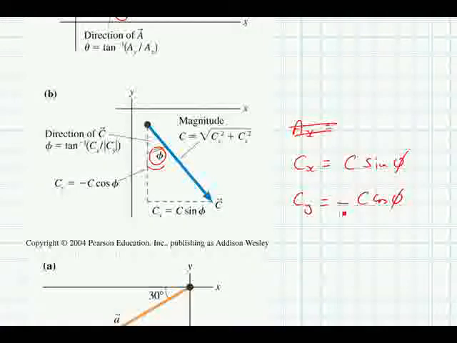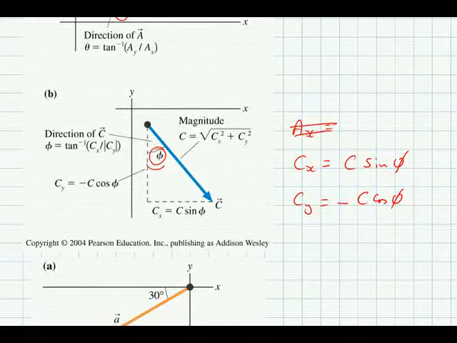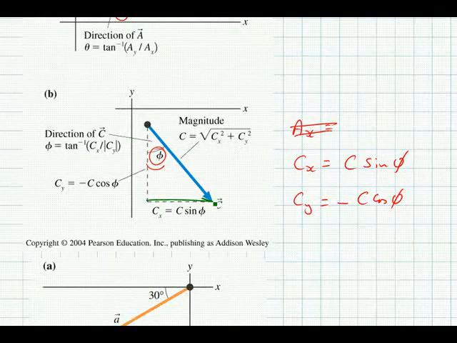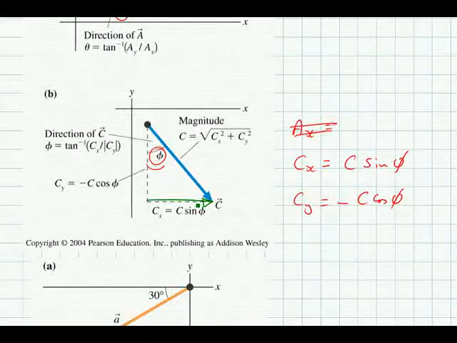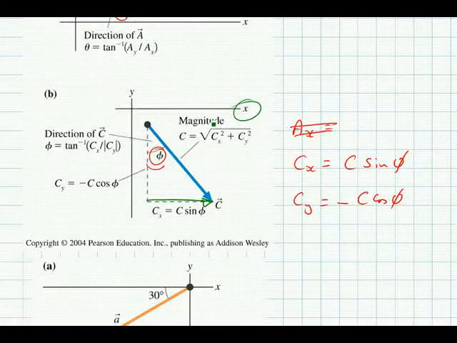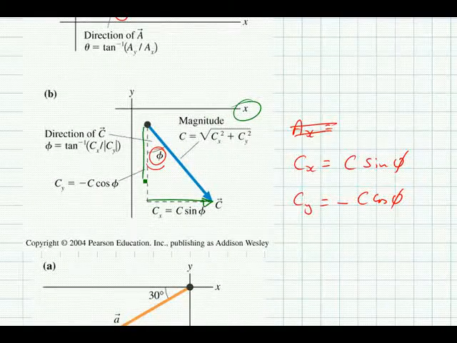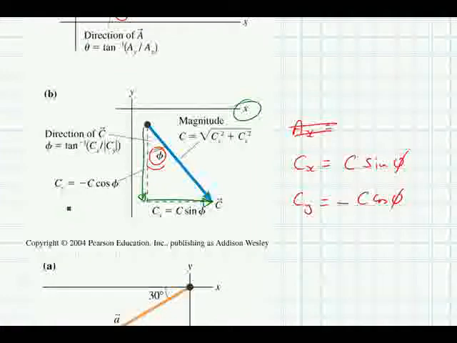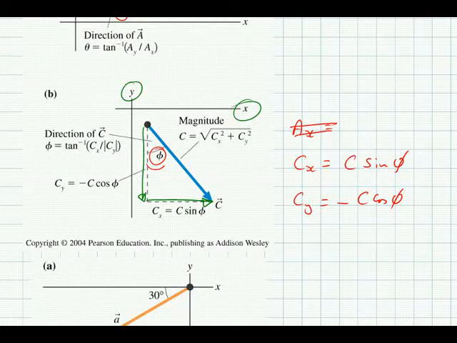Now why is Cx positive? Well, Cx is positive because the Cx component of C is pointing in the positive x direction, and Cy is negative because Cy is pointing away from the positive of the y-axis.